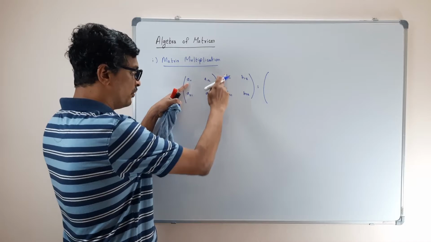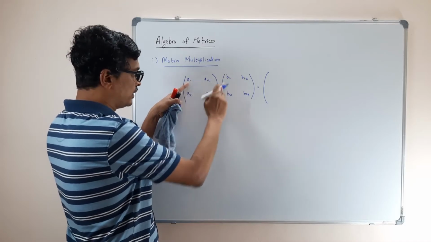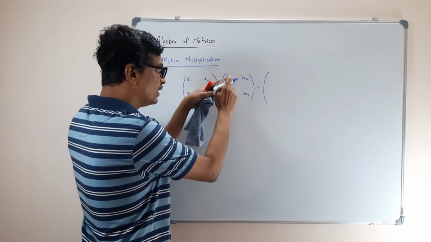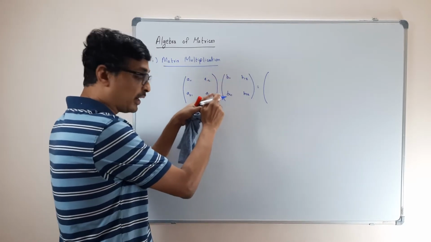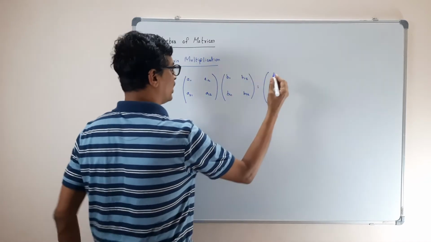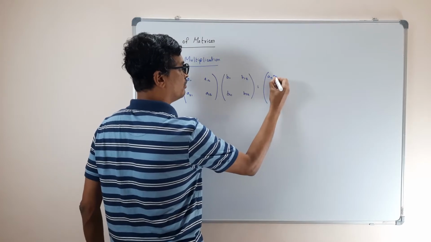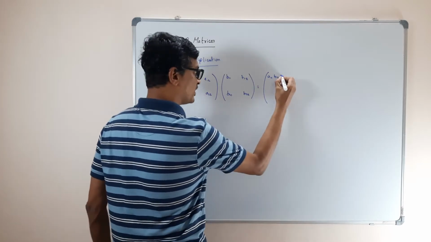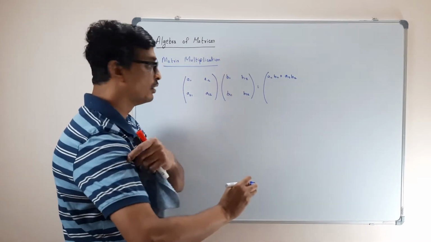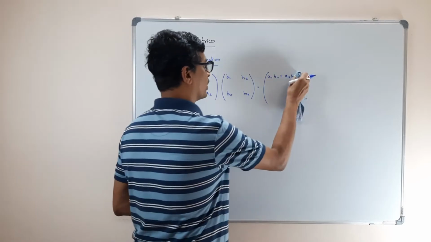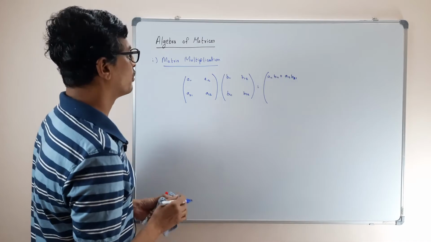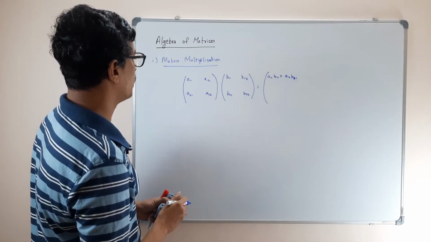The row with the column. You multiply each element of the row of the first matrix with each element of the first column of the second matrix, and when you sum them up, that gives the first element. So that will be A11 B11 plus A12 B21. Am I right? A11 B11, A12 and B21.